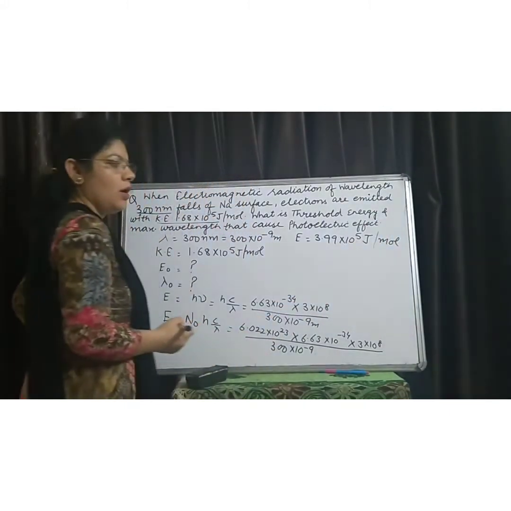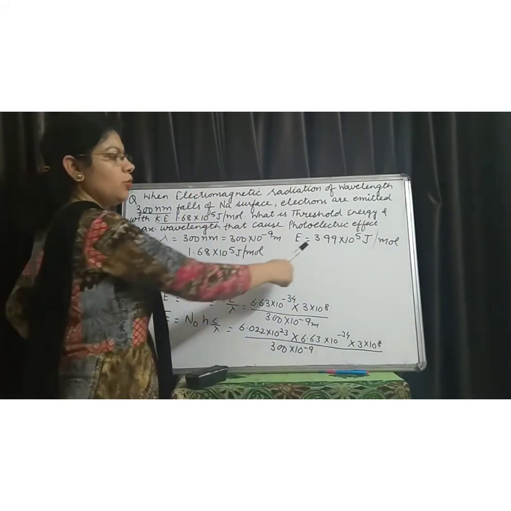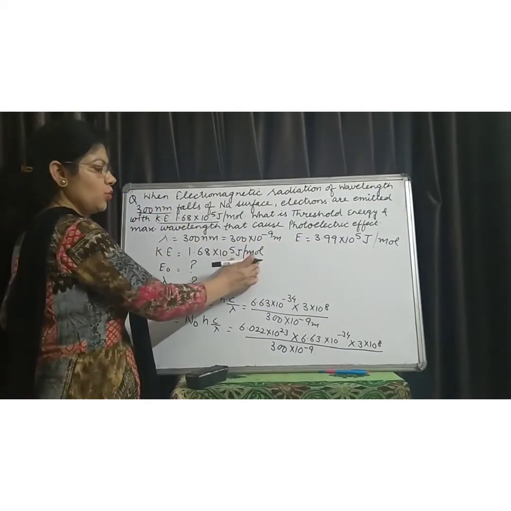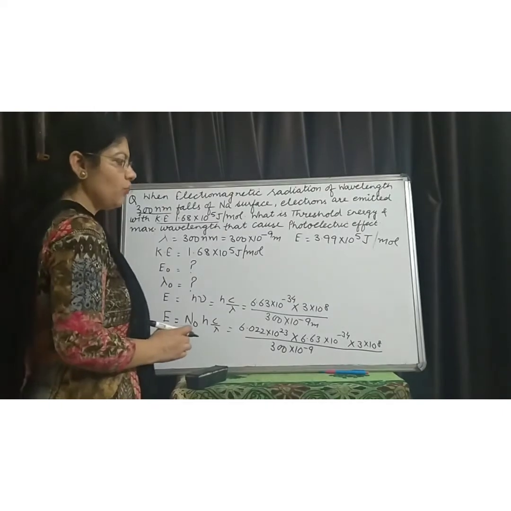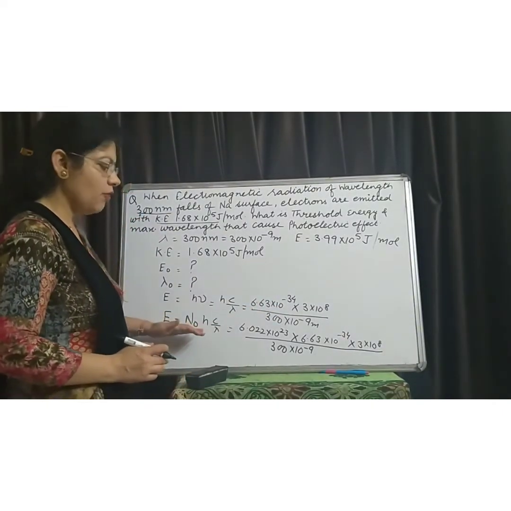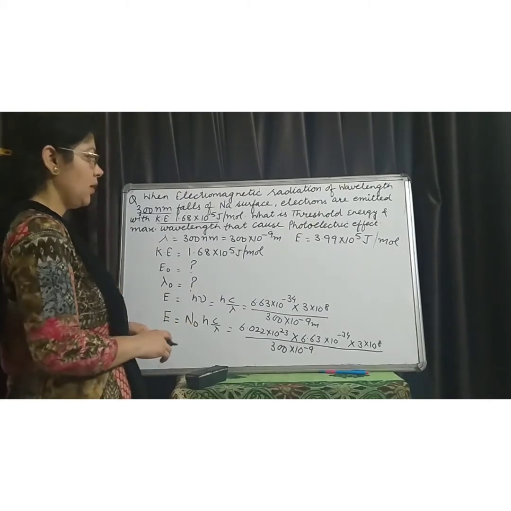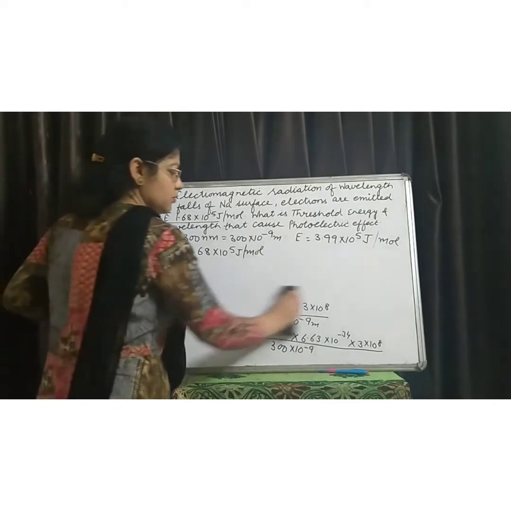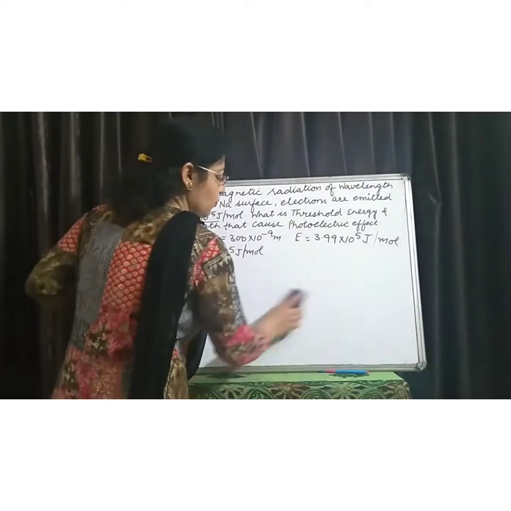Why do we convert this into joule per mole? Because kinetic energy is given in joule per mole. Therefore, we have to multiply this energy by the Avogadro number. This is the total energy of the radiation in terms of mole.